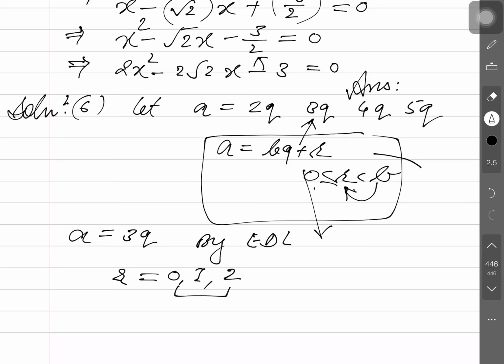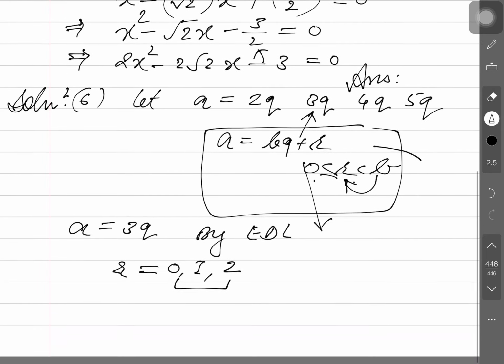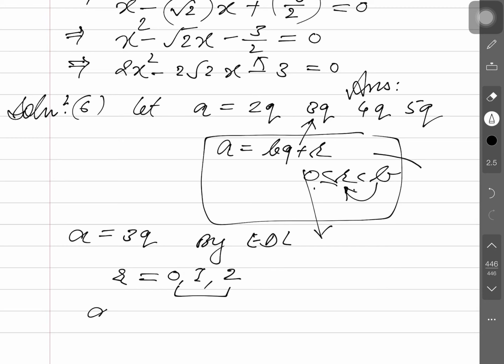For these values of r, a will be defined and positive. So a is equal to 3q, a positive integer.